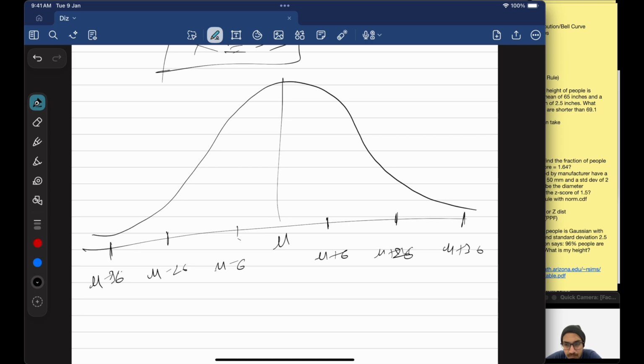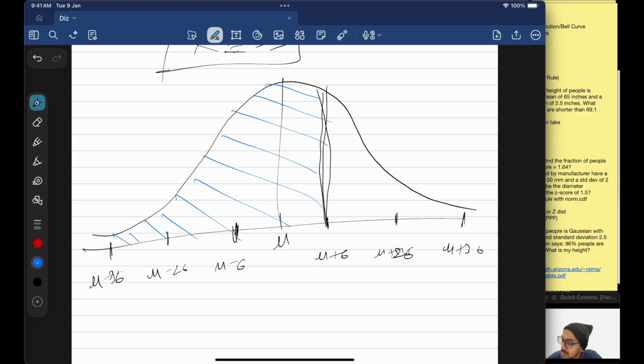Now, in order to verify using CDF, I will have to do what? I'll have to subtract. If I want the one standard deviation fraction, I'll have to subtract all of these from mu plus 1 standard deviation. Then I'll have to subtract the mu minus 1 standard deviation values, right?